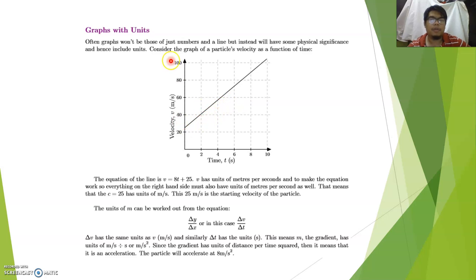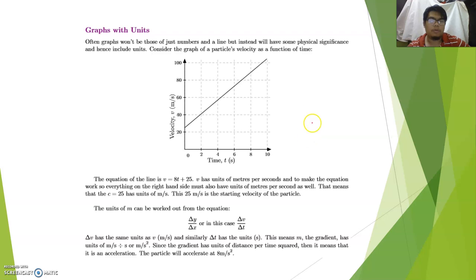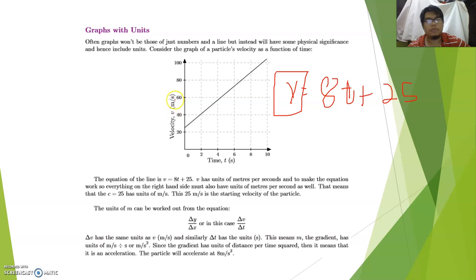V has units of meters per second, and to make the equation work, everything on the right hand side must also have units of meters per second as well. So let's see. Okay, so if we have V equal to 8s plus 25, V is on our left hand side, so the V here is meter per second.